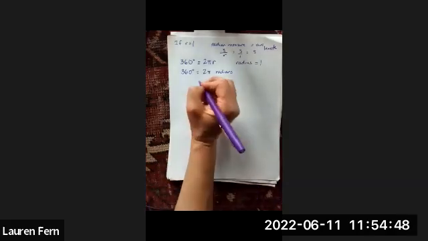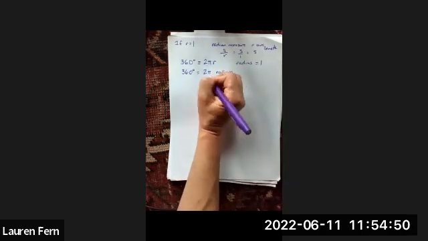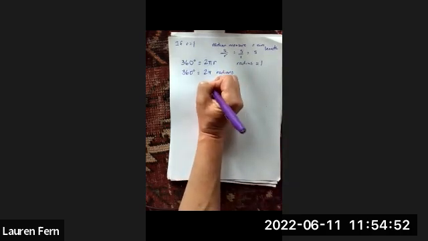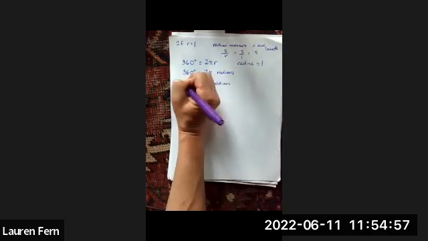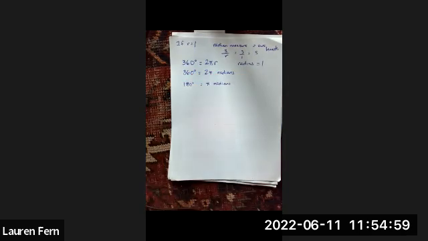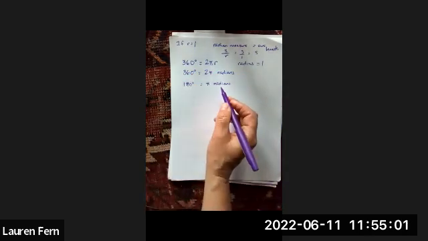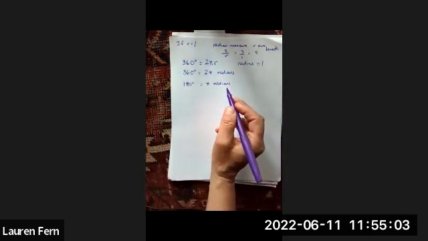Okay, and this is the crux of us doing these conversions. One thing we can do is we can divide both sides by 2 and say that pi radians is 180 degrees. Okay, this gives us our conversion.